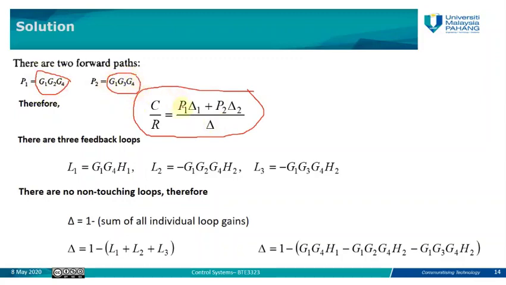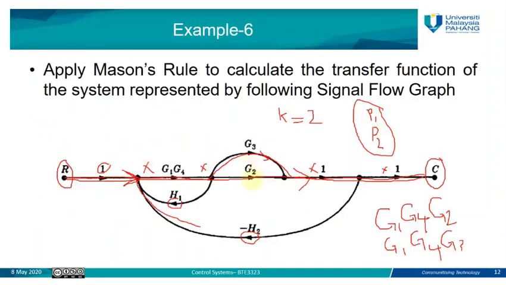So here, P1 is here, and P2 will be here. Okay. Now we need to find the other three variables, which are delta 1, delta 2, and delta. And we said in order to find delta, we need to find the loops and the loop gains. So here in our figure, how many loops do we have? We said the loop, you start at one node, you end at the same node, in the same direction actually.